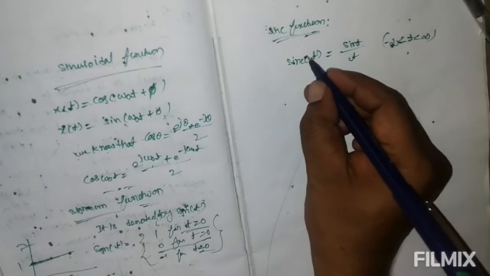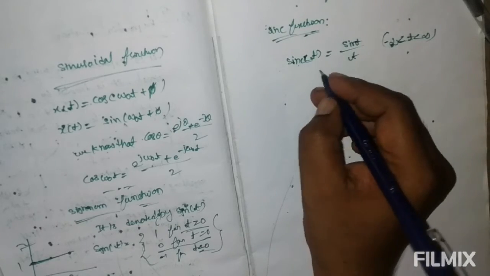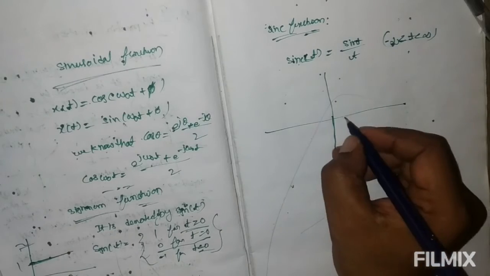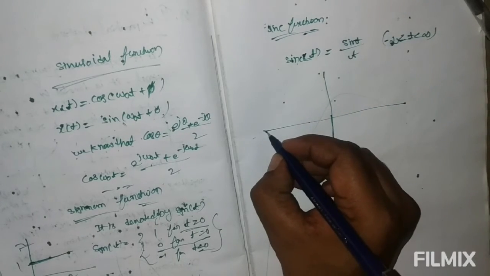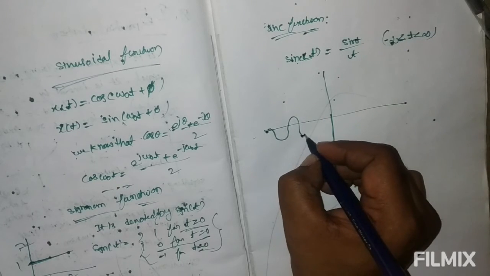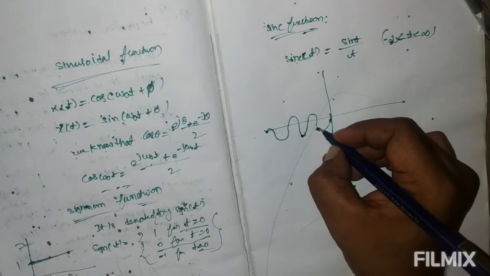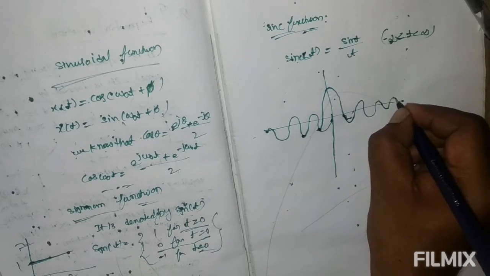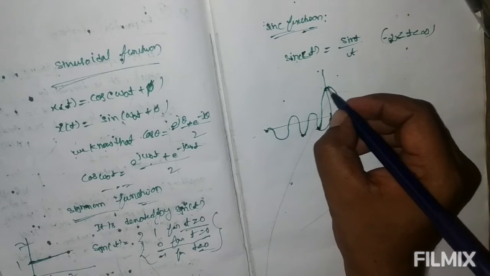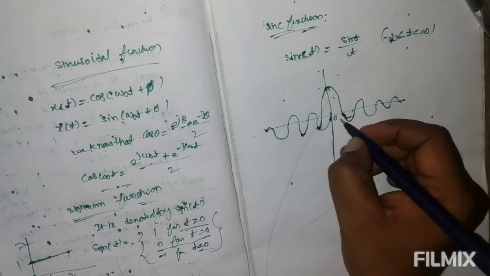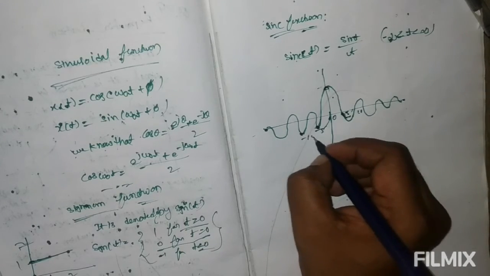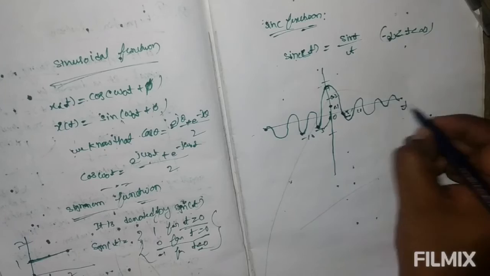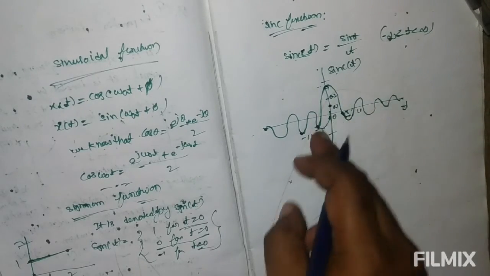The graphical representation of the sinc function is shown with 0, 5, 10, minus 5, minus 10, and amplitudes 0.1, 0.2 and so on.